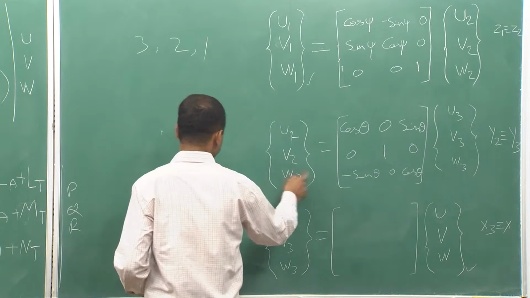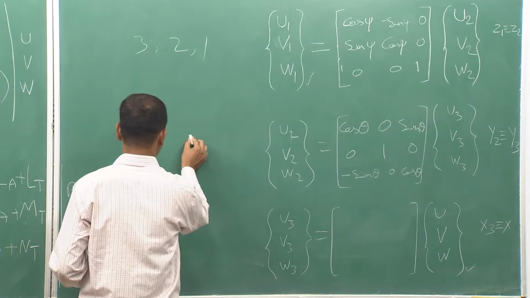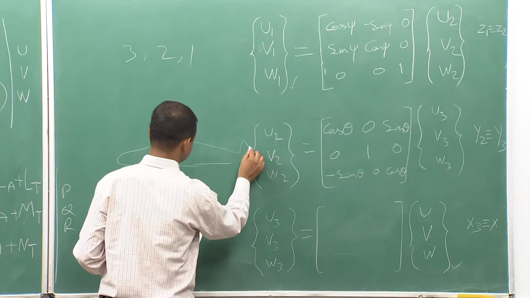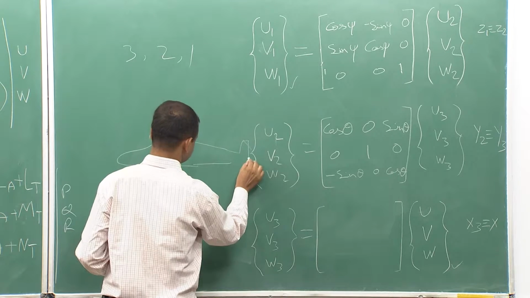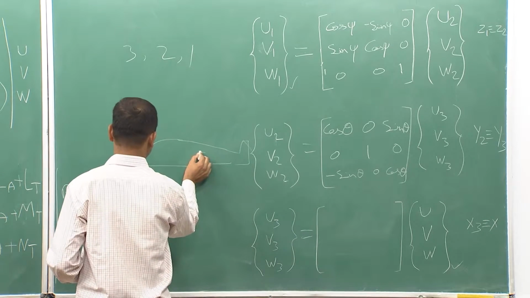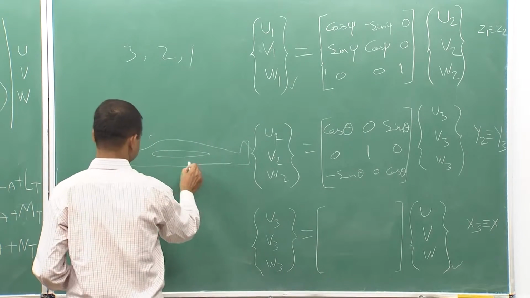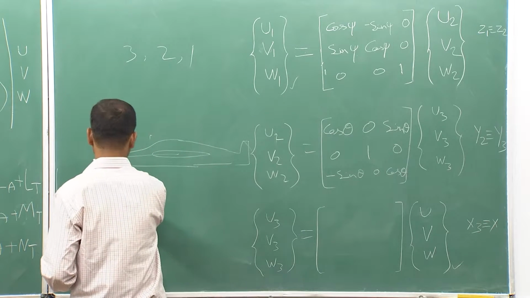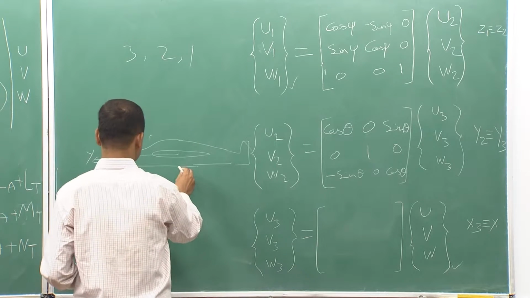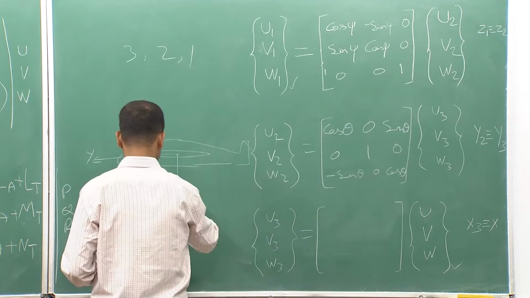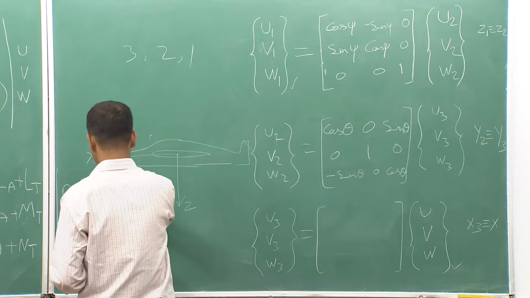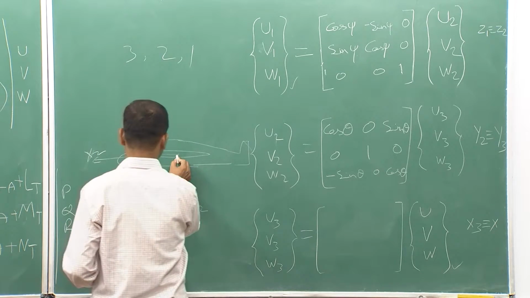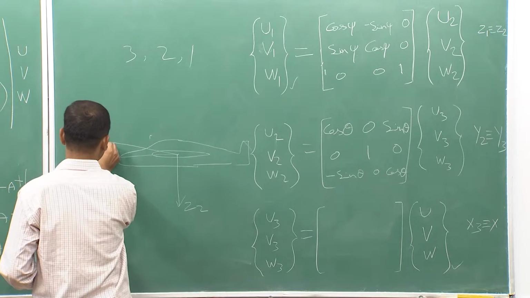If you see this rotation, suppose this was my aircraft, this is x and this is z. Actually this is x2 and this is z2.